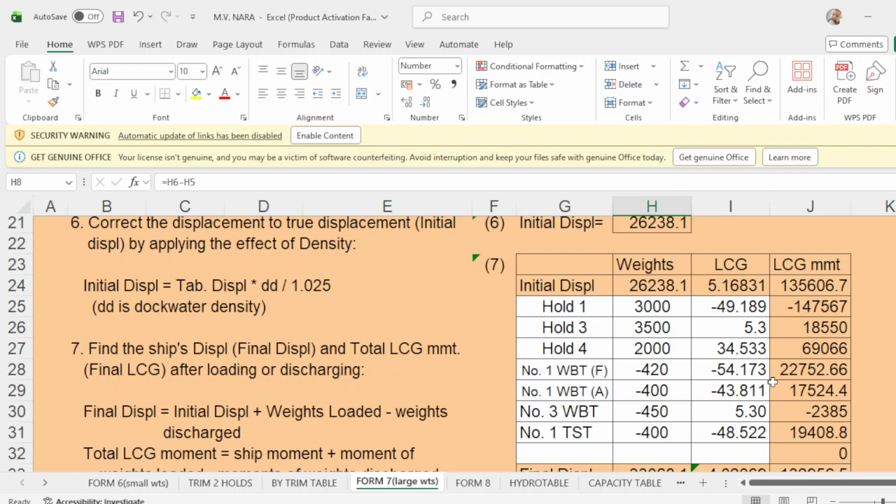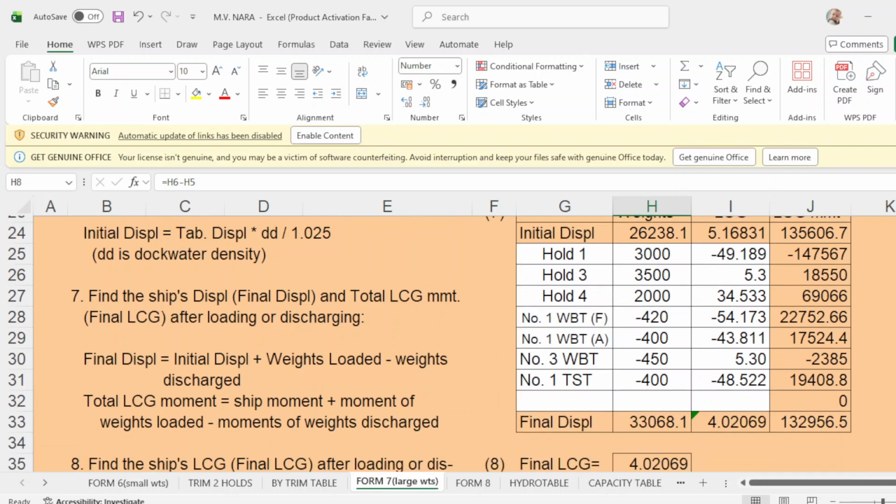The total displacement will be 33068.1, and your LCG is 4.020469, and your total LCG moment is 13295.6. Okay, this will be your final LCG.